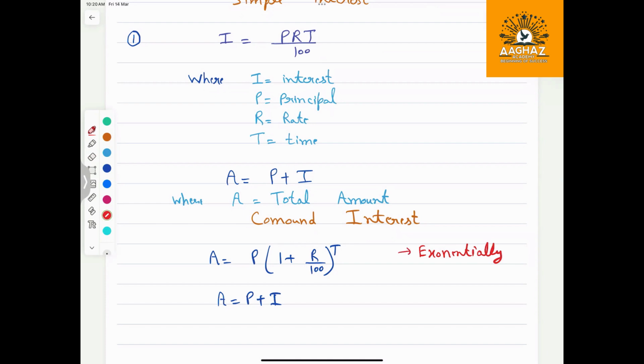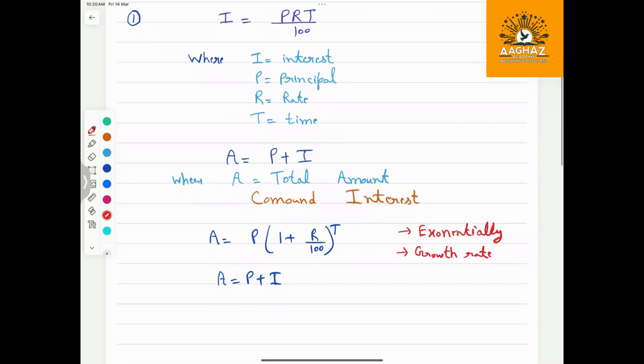Whenever you see this word in the question, you will use the compound interest formula. And also some other words like growth rate. If these types of words come in the statement, you will use the compound interest formula.